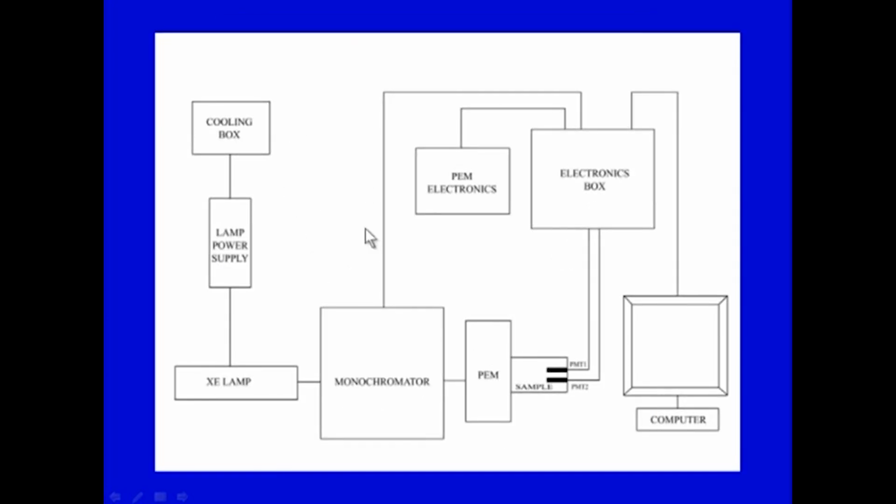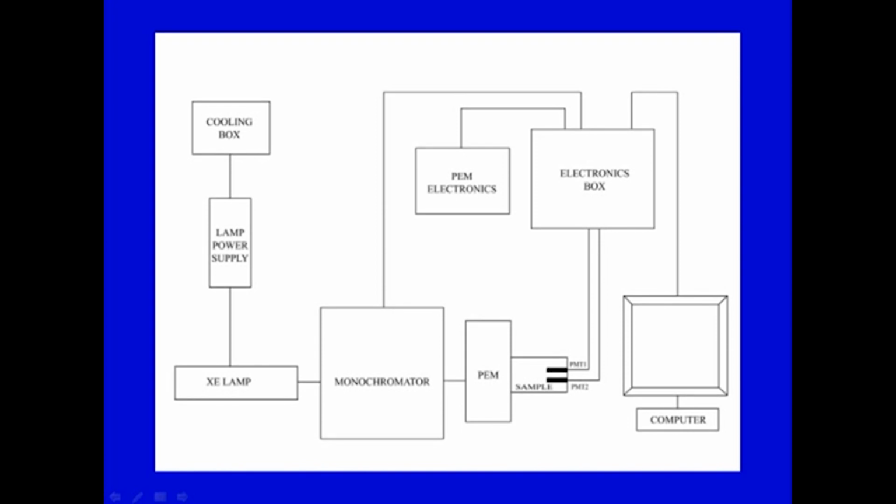This is a very simple schematic of the different things present in here. There will be a power supply with a cooling box, a monochromator, a sample holder, the PEM electronics here, and then finally you have the computer system and detector.